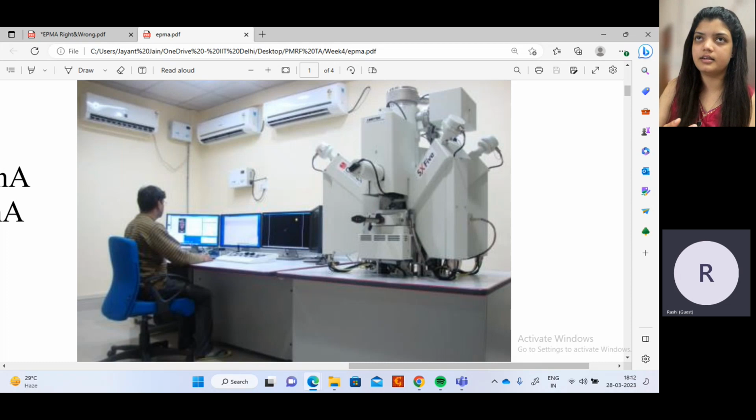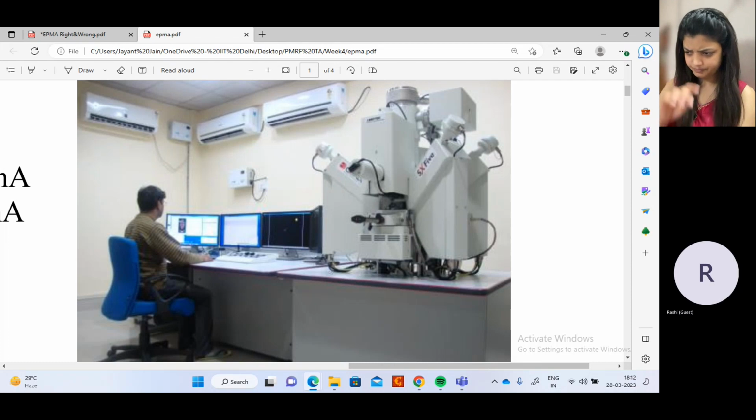In EDAX, if two peaks are nearby, they sometimes overlap and give a higher intensity by adding up. That's why we avoid using EDAX when it's necessary to identify minute compositions and minor alloying elements.